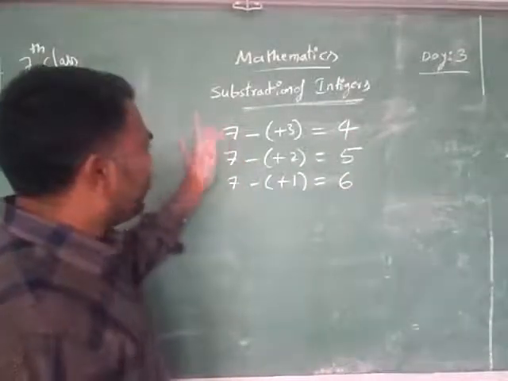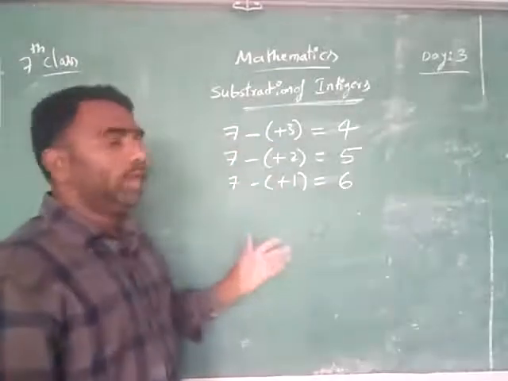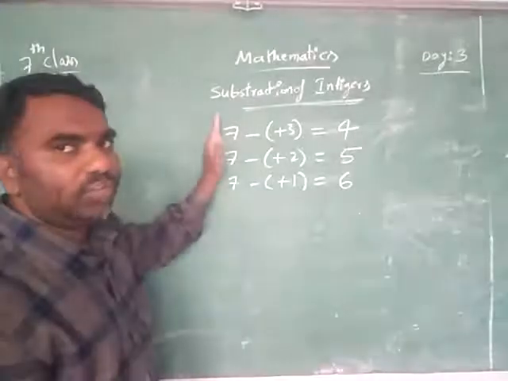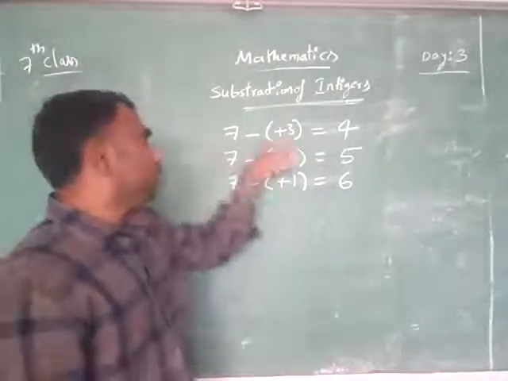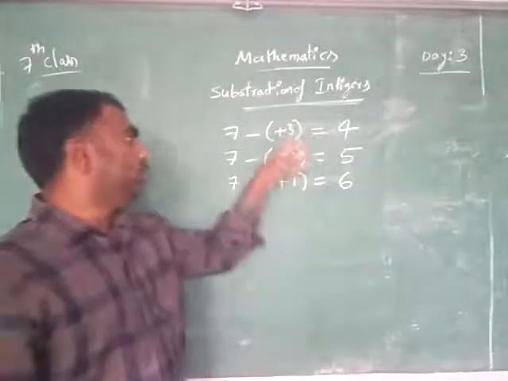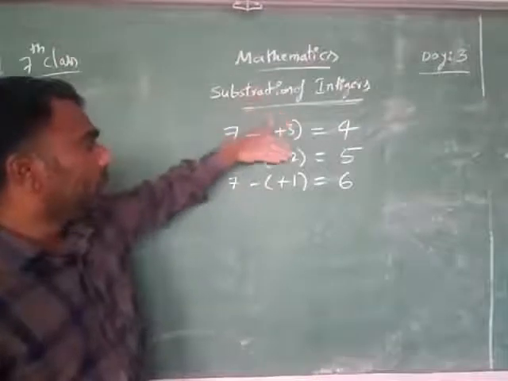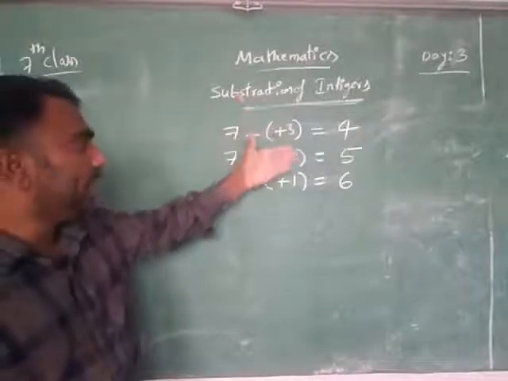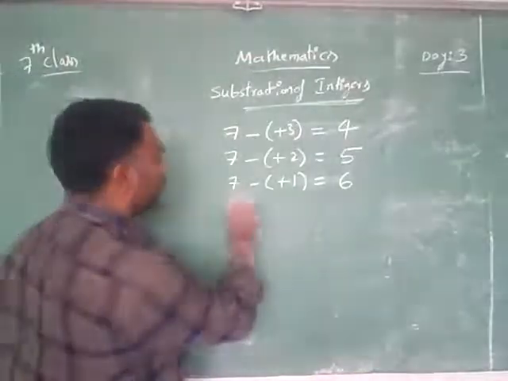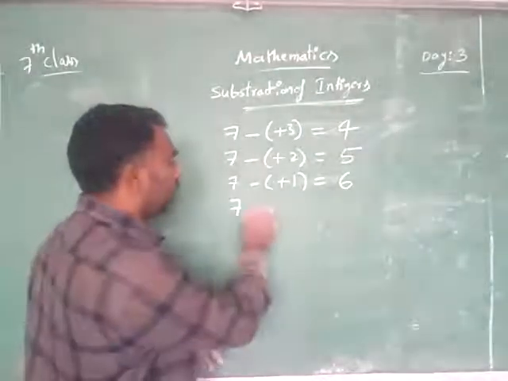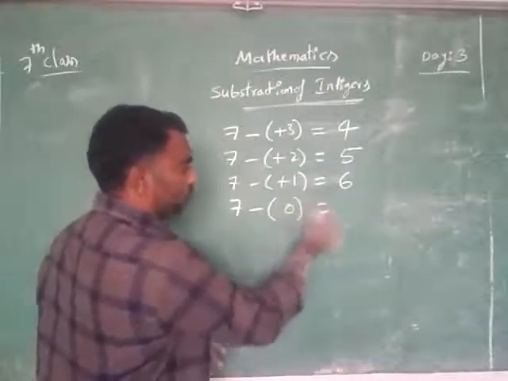See here carefully. I am following a sequence in the question. What is the sequence? The first number I am not changing; I am keeping it as usual, that is 7. The second number I am changing: 3, 2, 1, meaning I am decreasing by 1 each time. So follow the sequence in the questions and write them. 7 as usual minus, and I am decreasing 1, that's why it will be 0.